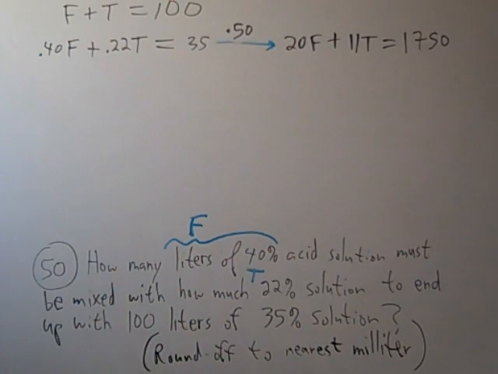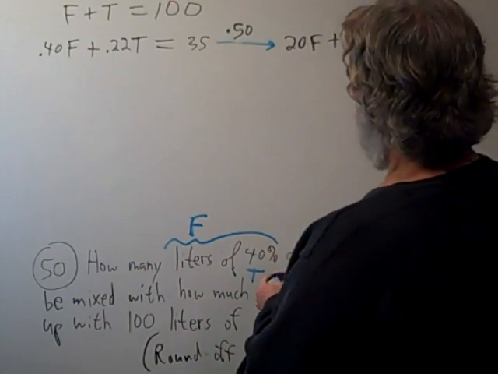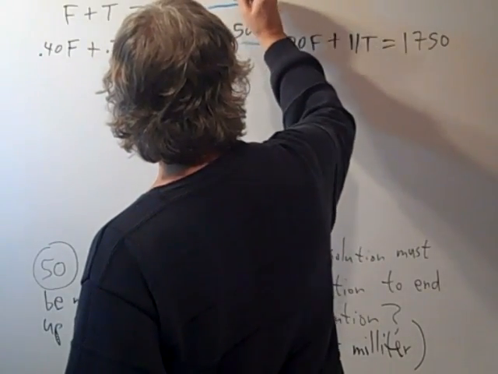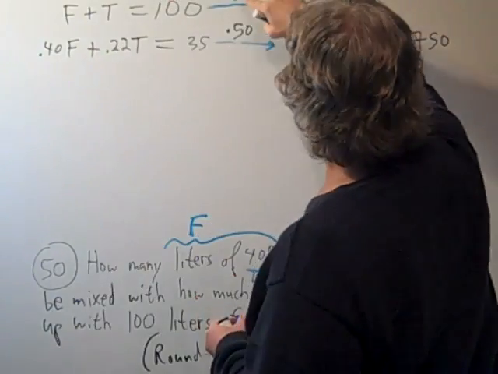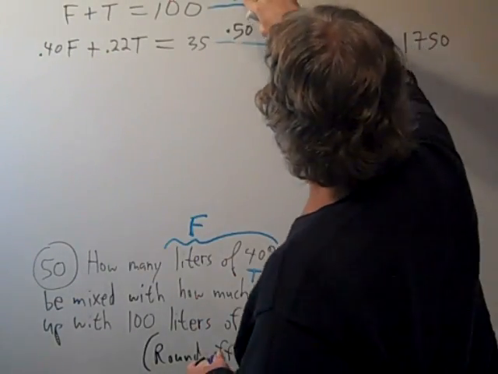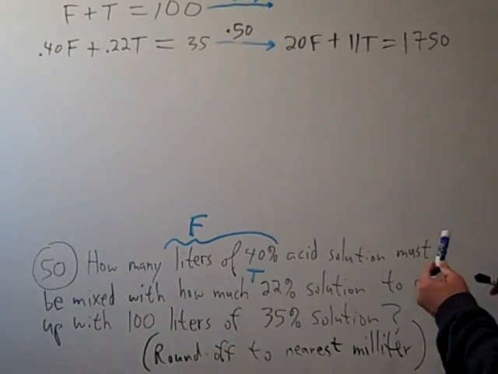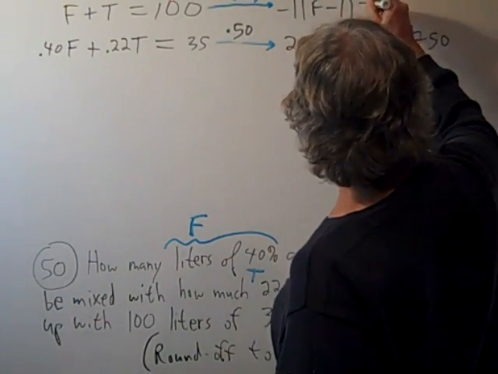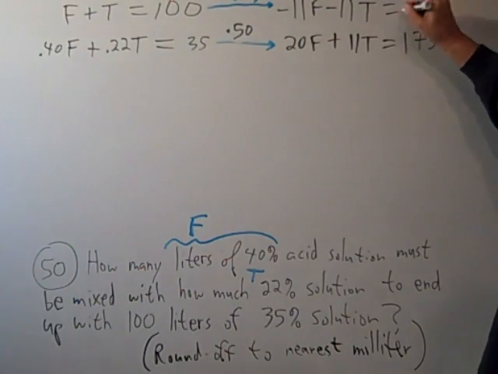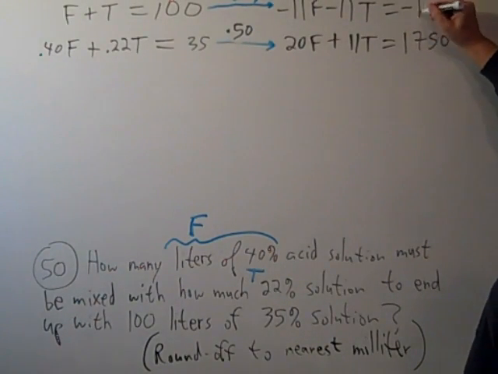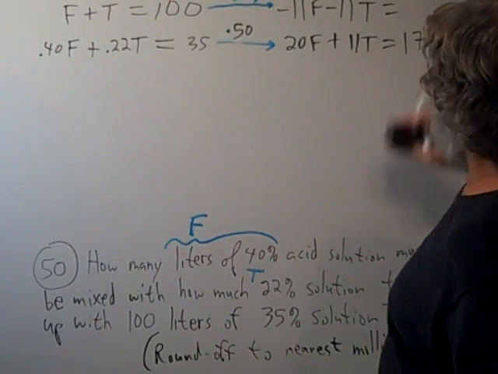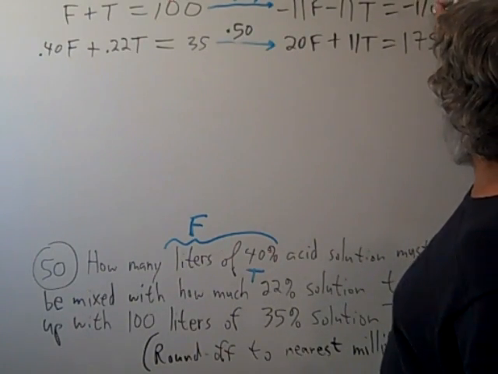Now if I multiply the top equation times negative 11, we get negative 11F, negative 11T, so it'll cancel out with the 11T's, equals negative, 11 times 100 is negative 1100 here.